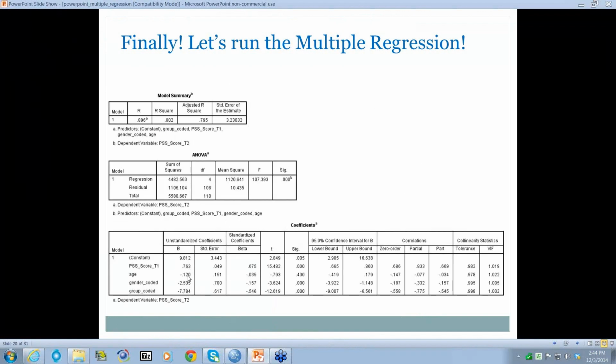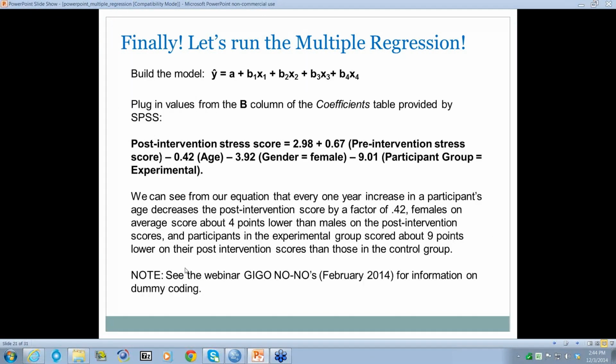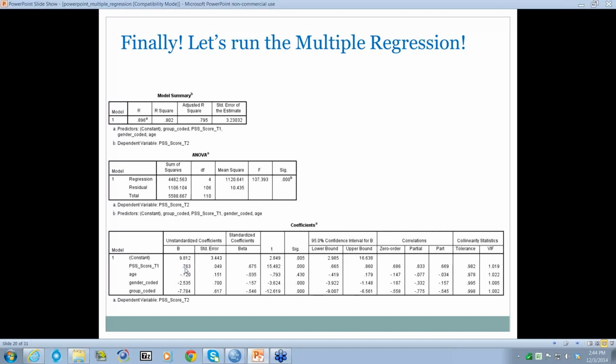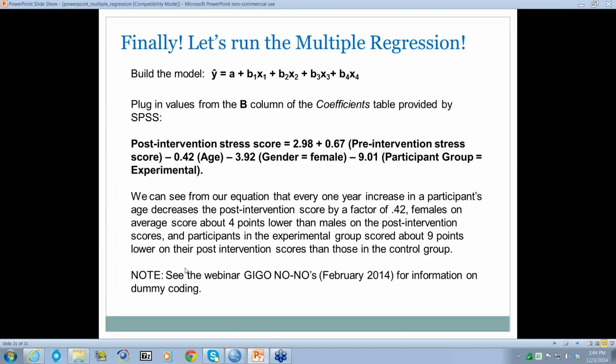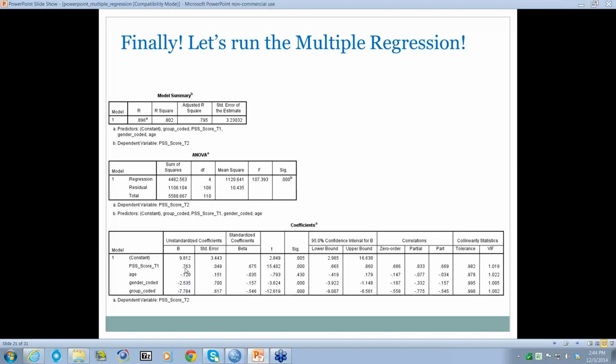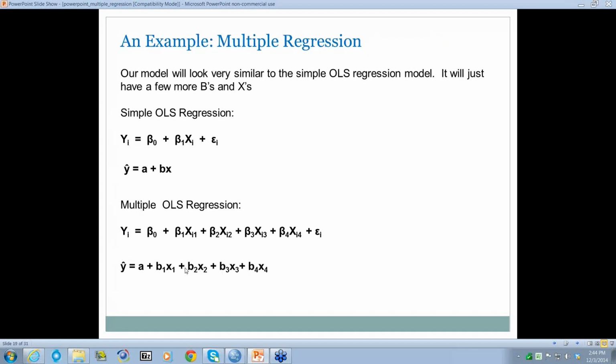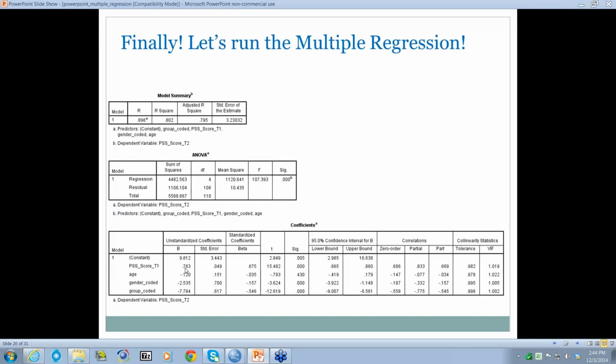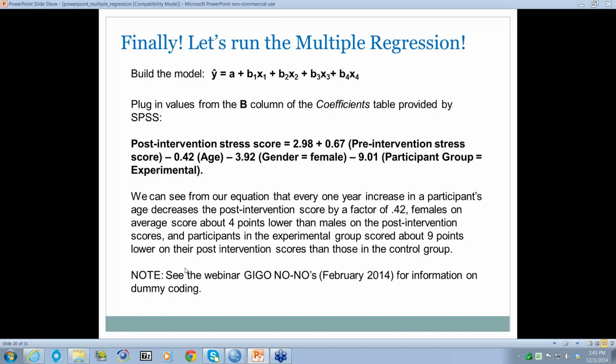Wait, did I do them different? How come I got different numbers? Where's our 2.98? Maybe I'm still looking at a different one. I tried to run it so I'd get the exact same numbers, and I got different numbers. So let's see what we got. Why did I get 0.9812?